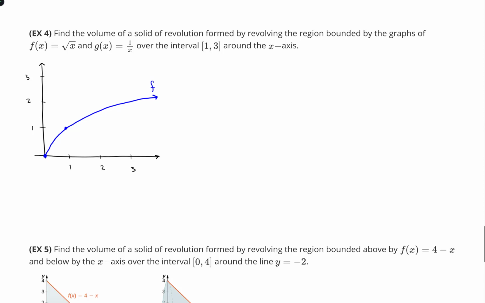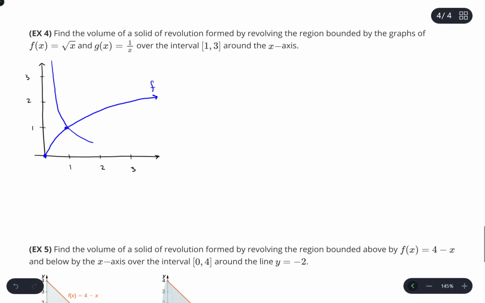I'm not really going to be concerned with those. I'm just going to draw in the basic shape. It would pass through this point 1, 1, and then just sort of go like that. All right, so that's what the function g will look like within the first quadrant.